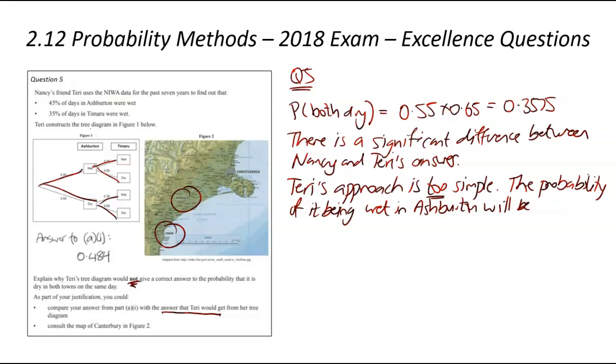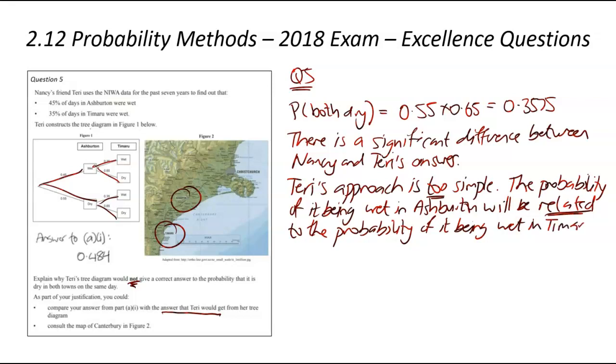And that idea is, as soon as something's related, you do have to change your approach of calculating probabilities. It's probably related to the probability of it being wet in Timaru. So we've now got to explain, well, why are they related?